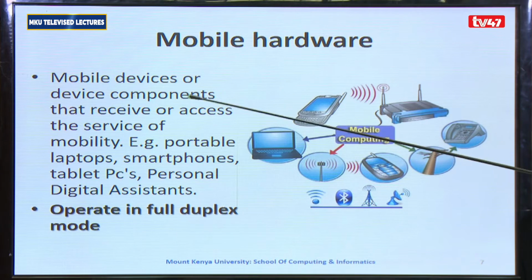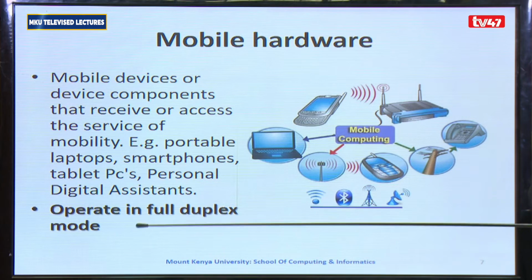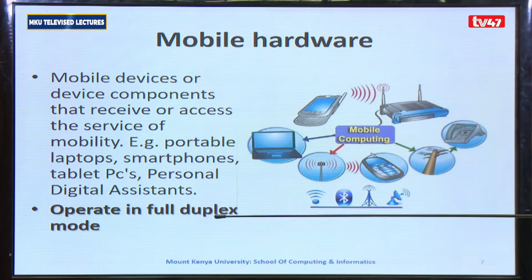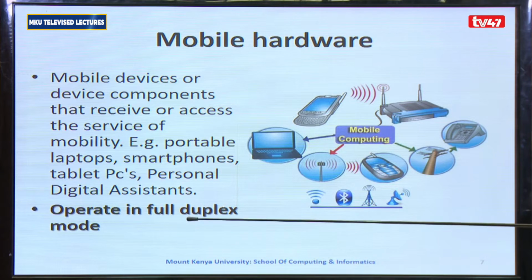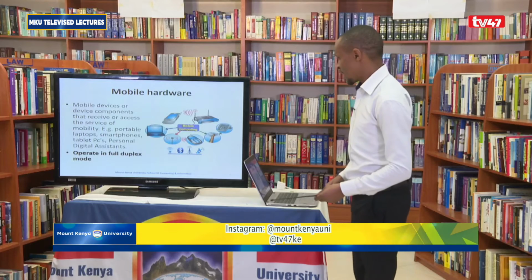The main characteristic of mobile devices is that they operate in full duplex mode. What we mean by that, you don't have to wait for the person who is calling to complete what they are saying before you can respond. That means sending and receiving of information happens at the same time in a seamless manner.